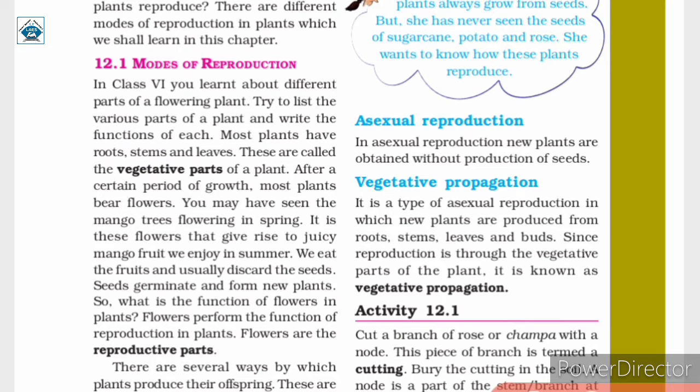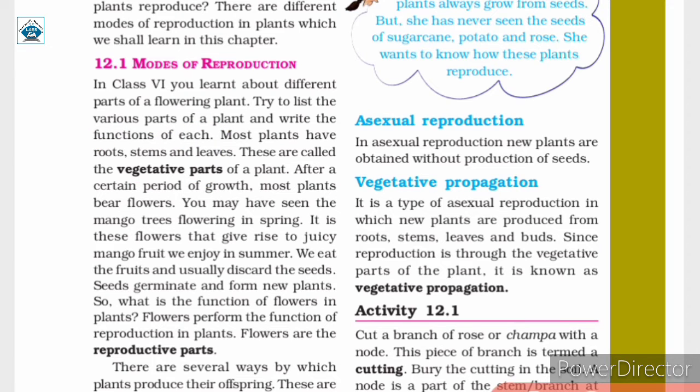Now these are known as the vegetative parts of a plant. These are the parts of the plant that play a major role in the life cycle of a plant, such as preparation of food, transportation of food, water and nutrients, etc. So examples of vegetative parts include roots, stems and leaves.